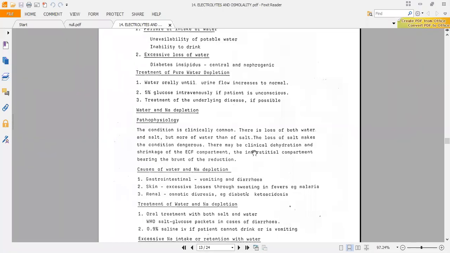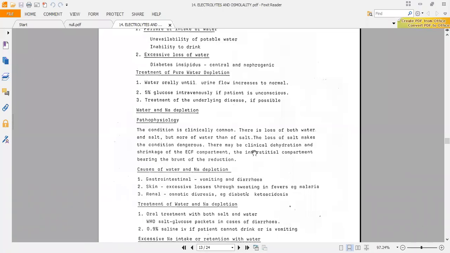Okay. And then we see this case in vomiting and then diarrhea. So note that when someone is vomiting or having diarrhea, the person can have either hyponatremia or hypernatremia. But whether it will cause hyponatremia or hypernatremia depends on how much of the sodium you are losing.